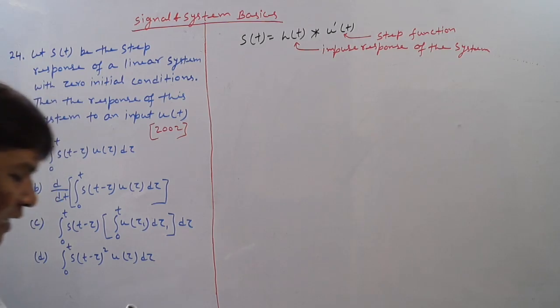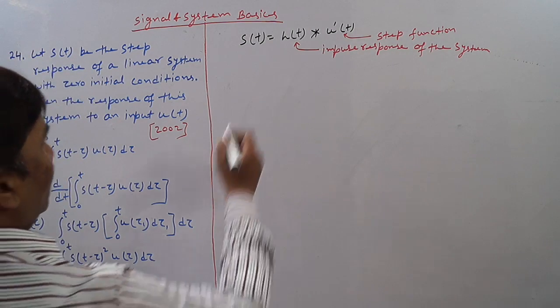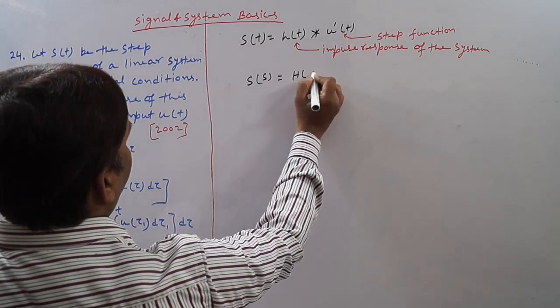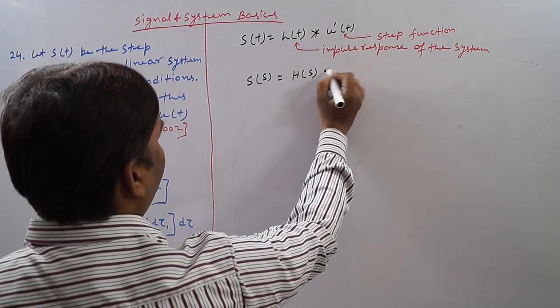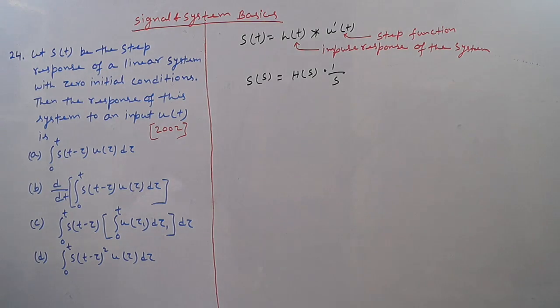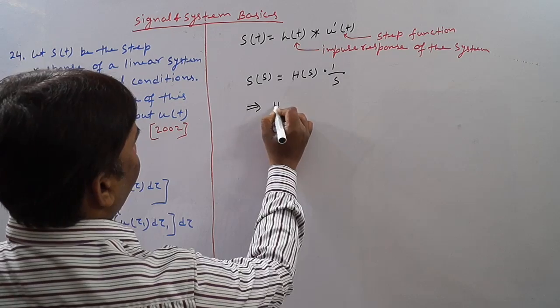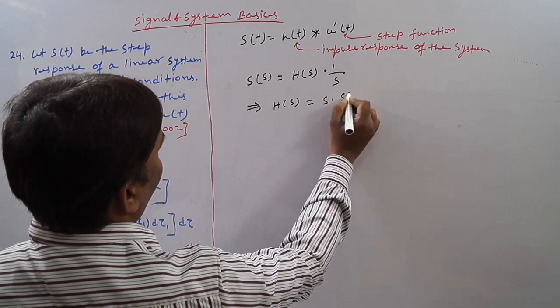Now if we take the Laplace transform of both sides, then it will give S(s) equal to H(s) multiplied by 1 by s, because the Laplace transform of the unit step function is 1 by s. So now we can write H(s) is nothing but s multiplied by S(s).